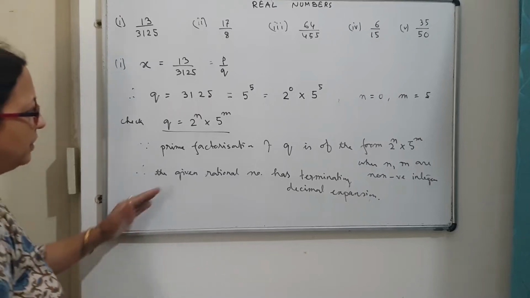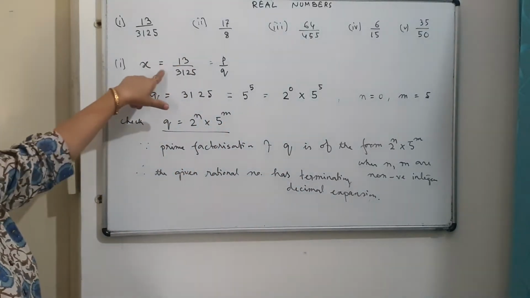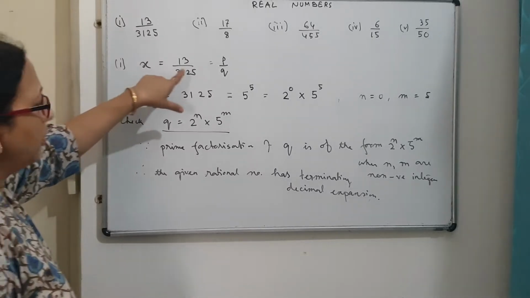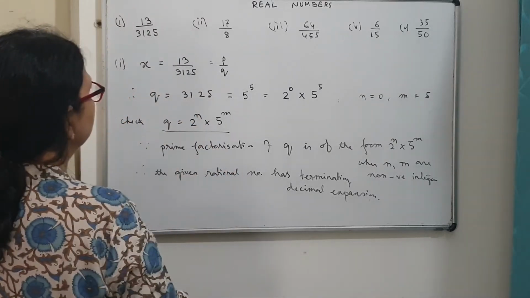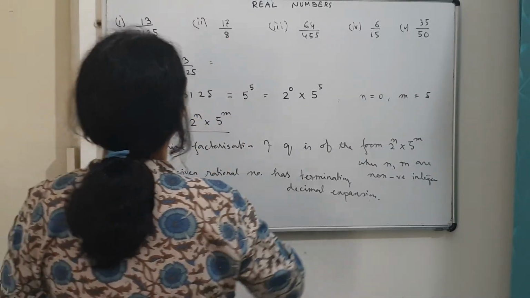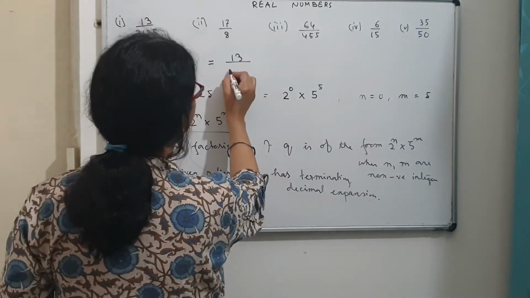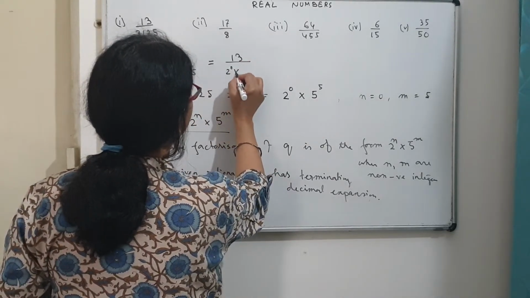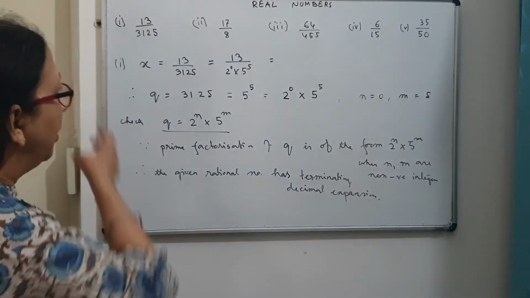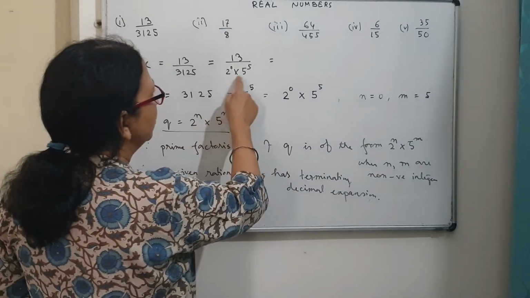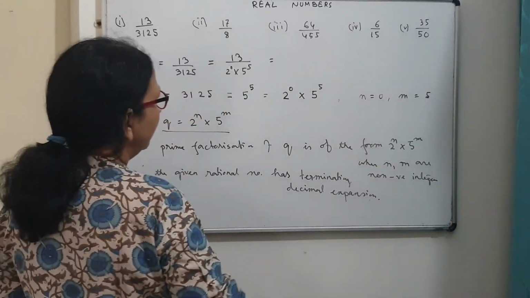Now next step, if it has a terminating decimal expansion, then you have to find the decimal expansion. Without division we can do it. How do you see? So q is this, so I can write x in this way: 13 into the prime factorization, 2 to the power 0 into 5 to the power 5. So next step, what do we do? We make the power of both 2 and 5 the same, equal. Why do you do that?